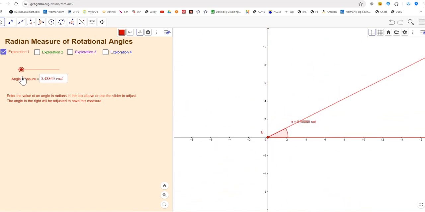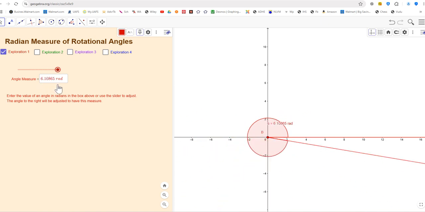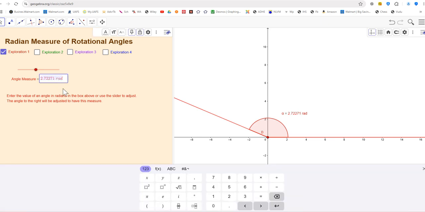Now, this particular illustration just shows rotations, positive ones from 0 to 2 pi, with the measures in radians there. This is set up so that you can do it with the slider, or you can put in a particular radian measure here. Let's say, for example, pi over 4. And there we get pi over 4, a 45-degree angle there, for example.